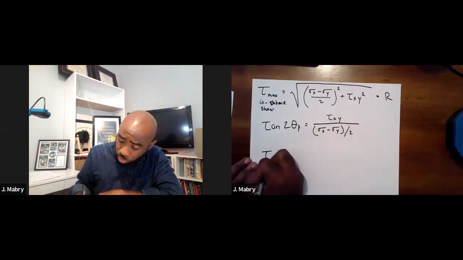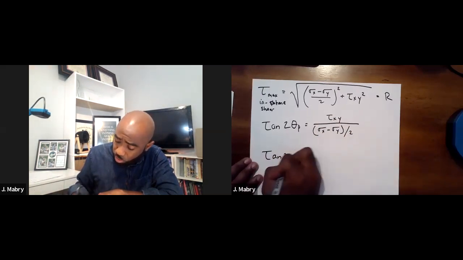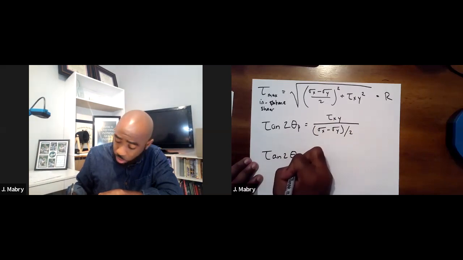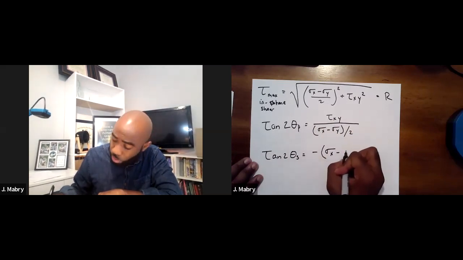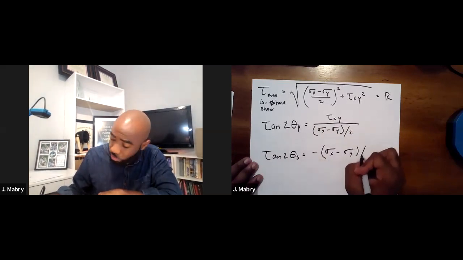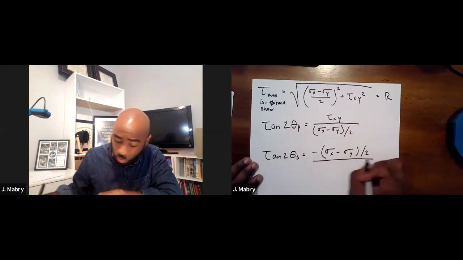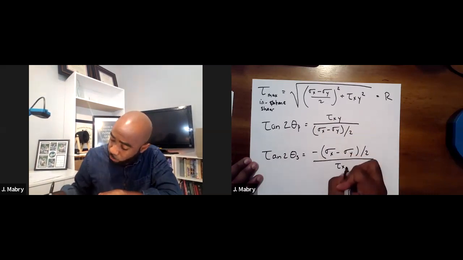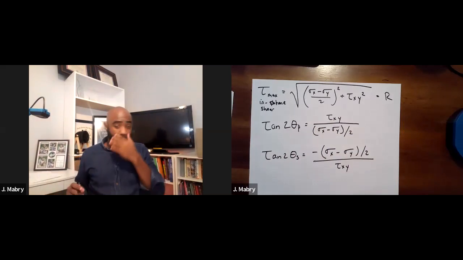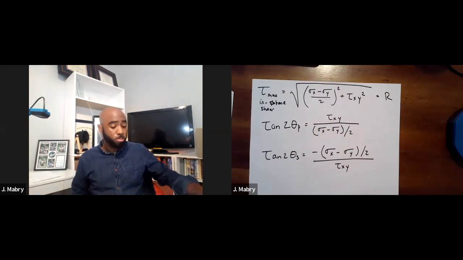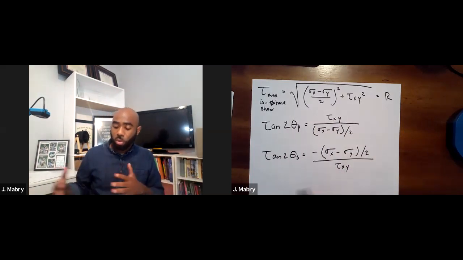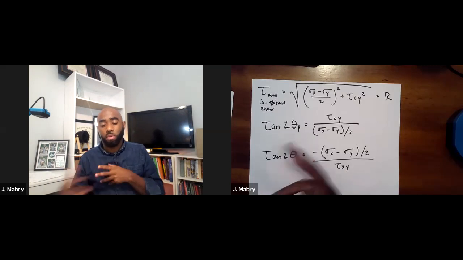And if we want to know the other angle, tangent of 2 times theta sub s is equal to negative sigma sub x minus sigma sub y divided by 2, all over tau sub xy. Those are some nice equations to keep in your toolbox. Like I said, it's in the textbook as well. And that is a shorter way to do everything we did on the Mohr circle.